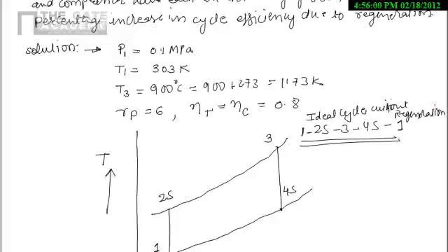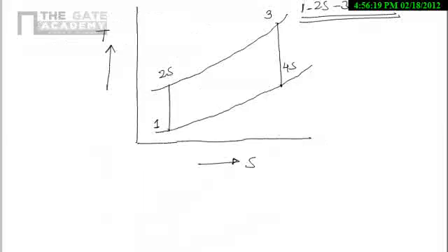Now let's take the actual cycle, which I will show here. In the actual cycle there will be no isentropic compression and no isentropic expansion, so entropy will increase in both cases. It will look like that.